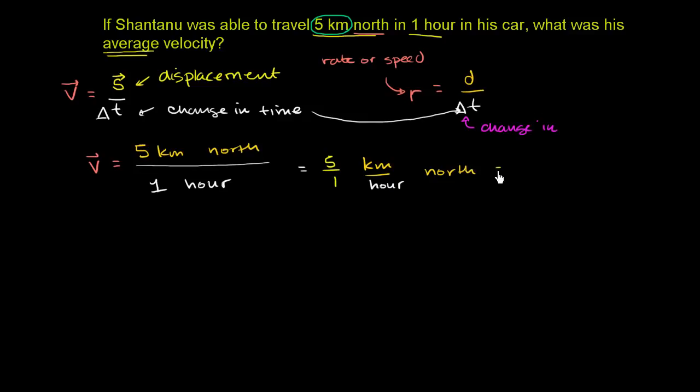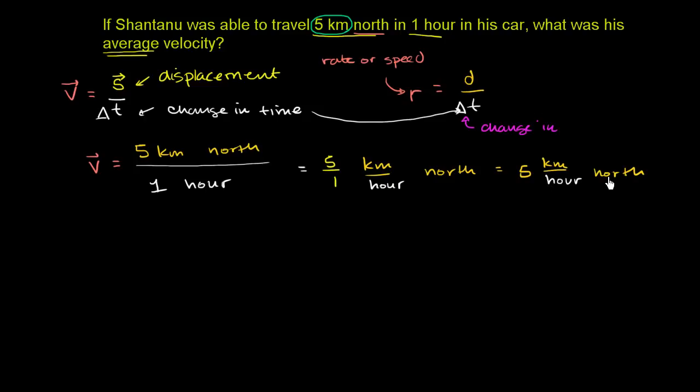Or you could say this is the same thing as 5 kilometers per hour north. So that's his average velocity, 5 kilometers per hour to the north. And you have to be careful.